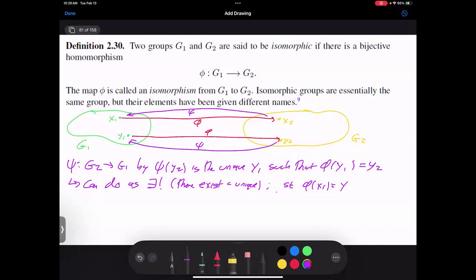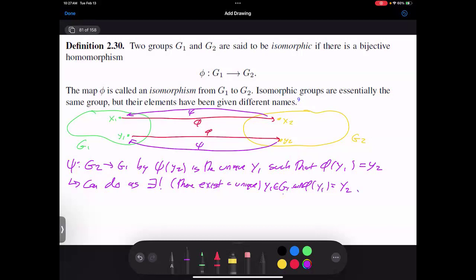And we can do this as there exists a unique Y1 in G1 with phi of Y1 equals Y2.